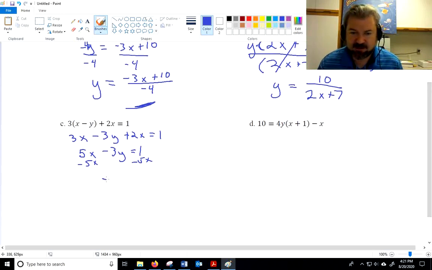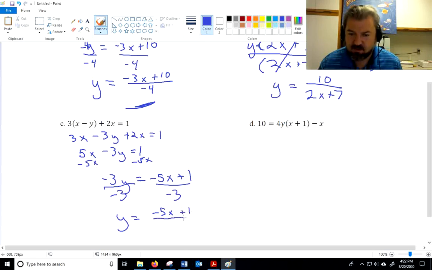And I got negative 3y equals, again, I'm going to put the negative 5x in front and the positive one in back. You do it however you want, but to me, it's too unsettling otherwise. Divide by negative 3. And I get y is equal to negative 5x plus 1 all over negative 3.